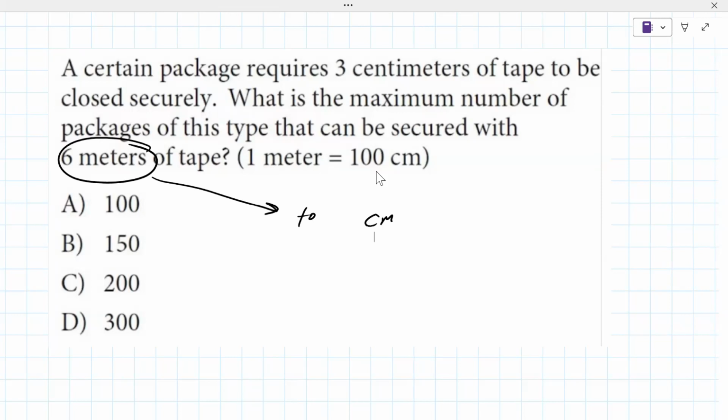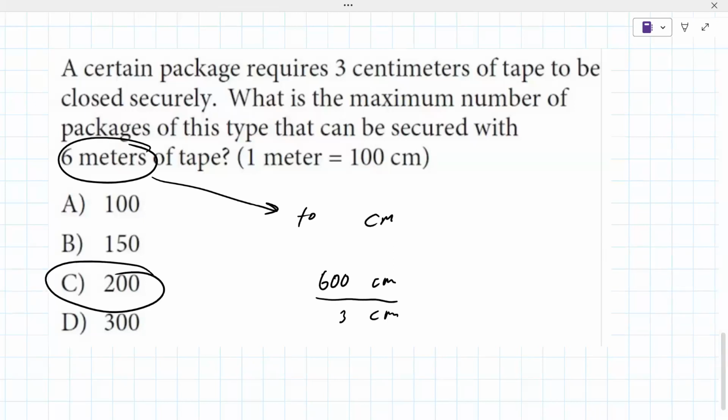So 1 to 6, 100 to 3. 600 divided by 3. 200. C. It is C. Very good. So it's 600 centimeters divided by 3 centimeters, which is 200. All right, very good.